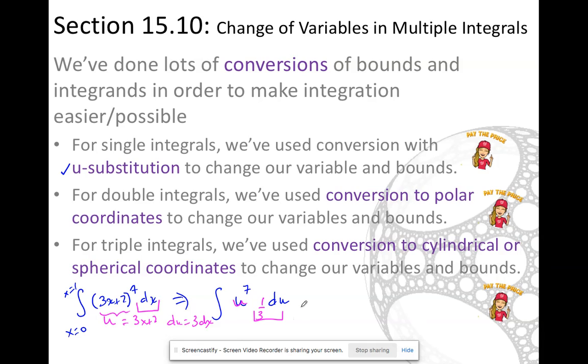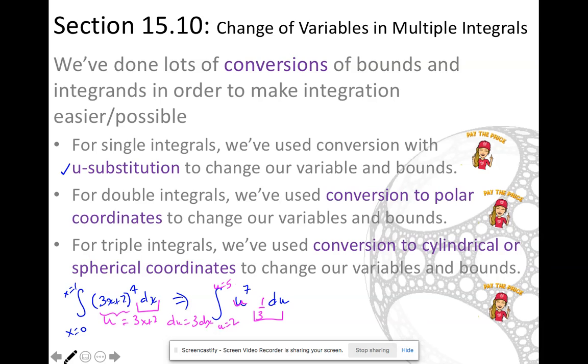That was the price to pay for transforming from x to u. And then we did the same thing with our bounds. When x is equal to 0, u would be equal to 2. When x is equal to 1, u would be equal to 5.